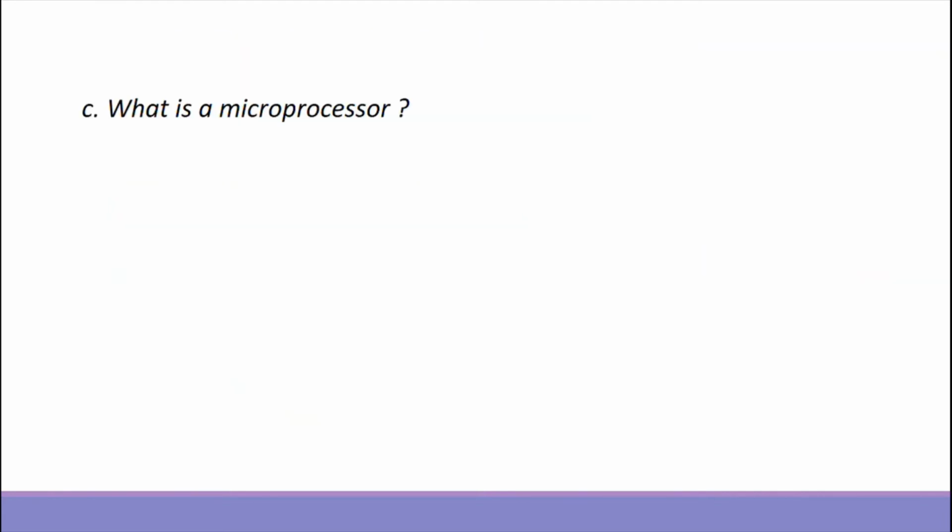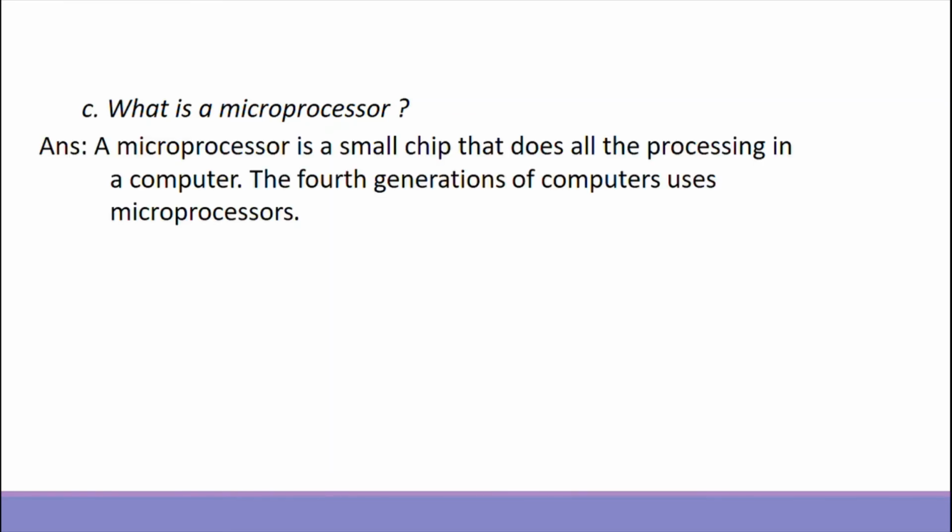Question number 3. What is a microprocessor? A microprocessor is a small chip that does all the processing in a computer. The fourth generation of computers uses microprocessors.